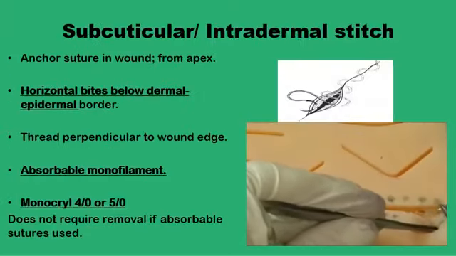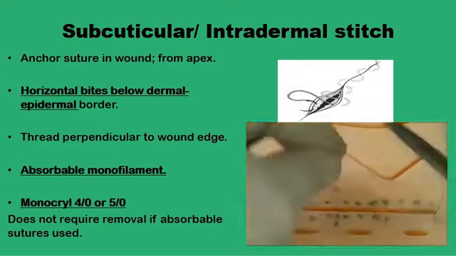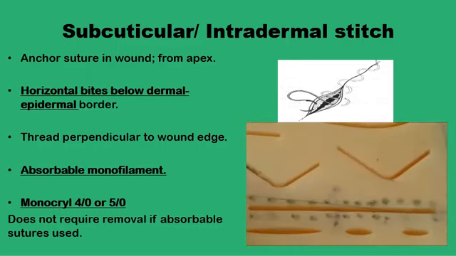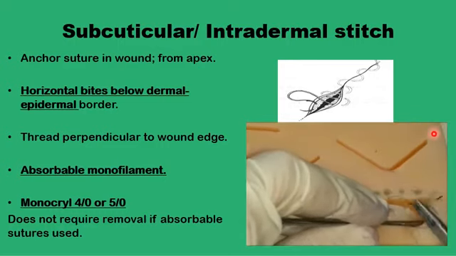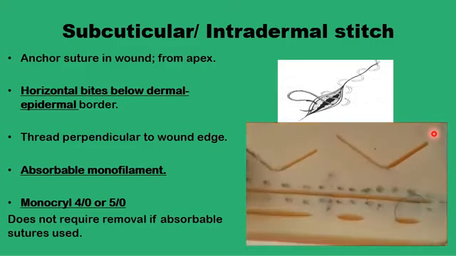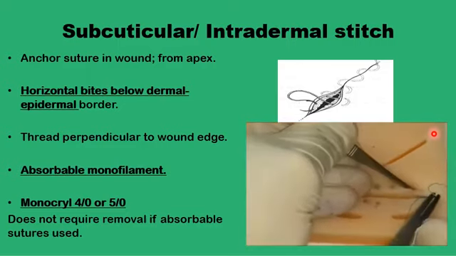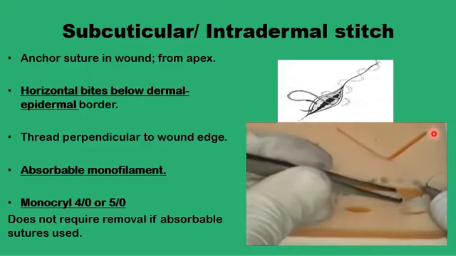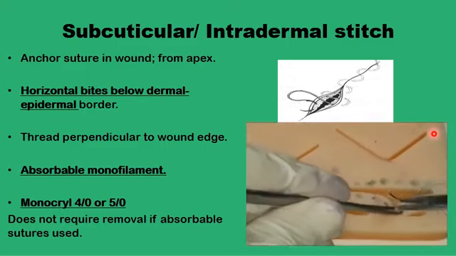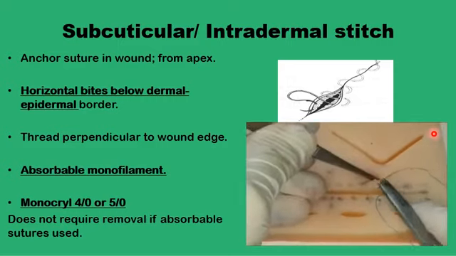The subcuticular or intradermal stitch starts with an anchoring stitch with a bite in the deeper part of the wound in the subcutaneous tissue, and retrieve the needle through the apex of the wound at the junction of the epidermis with the dermis. That's how we start the subcuticular stitch, at the apex.